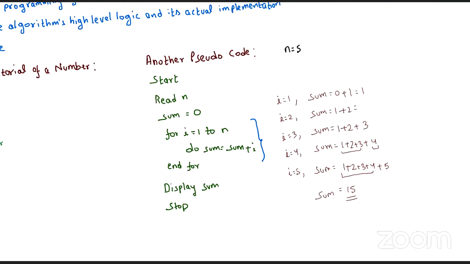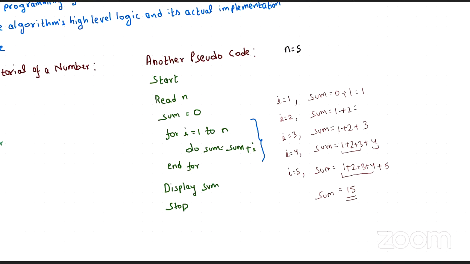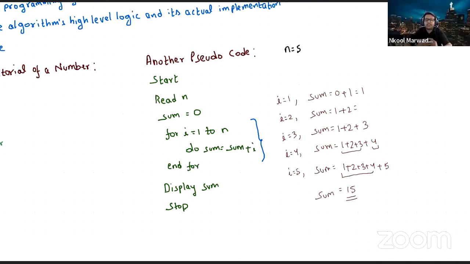Okay, sir. Got it. Okay, nice. So now at least you have an idea, you have a skill to analyze the algorithm. And this is what problem solving is. In problem solving, we have to design the algorithm and analyze the algorithm. First we design the algorithm. First we write the step-by-step solution.